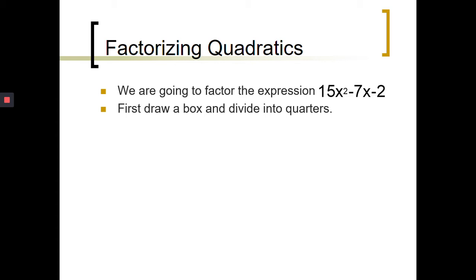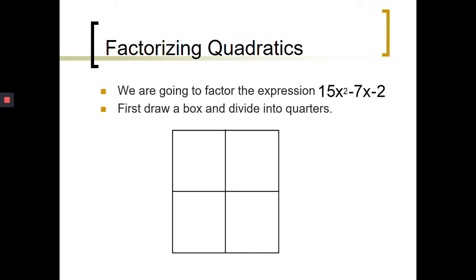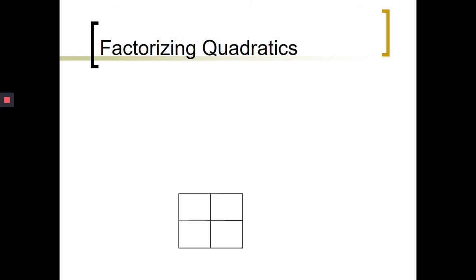Alright, so our first step is we are going to draw a box. We are going to draw a box and divide it into 4 boxes. That's the first step.